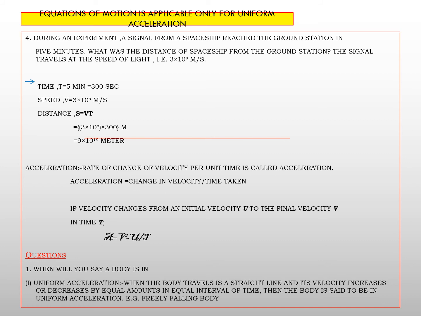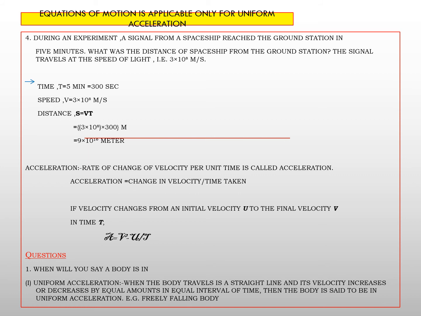We have some questions, such as when will you say a body is in uniform acceleration. The definition is: when the body travels in a straight line and its velocity increases or decreases by equal amounts in equal intervals of time, then the body is said to be in uniform acceleration.